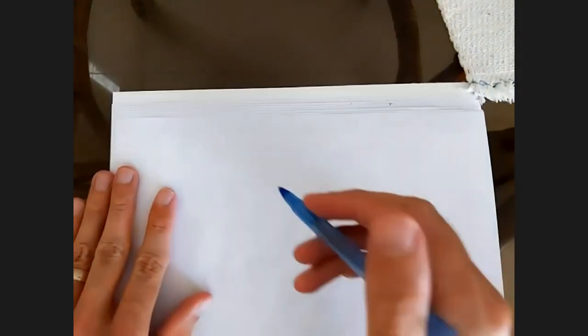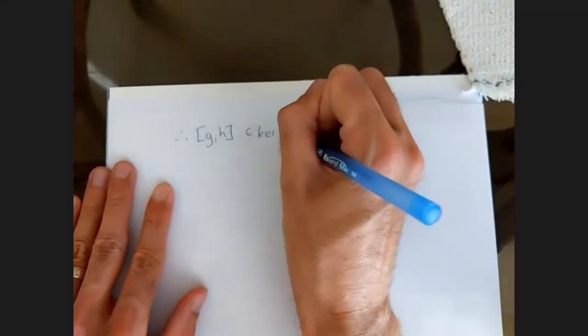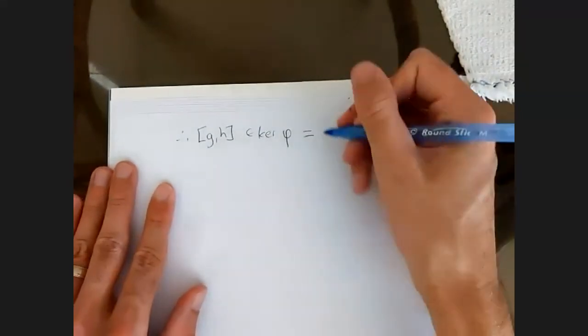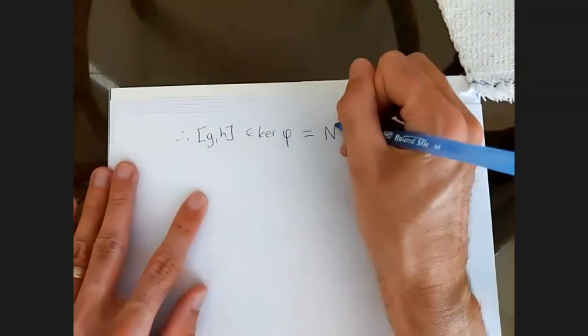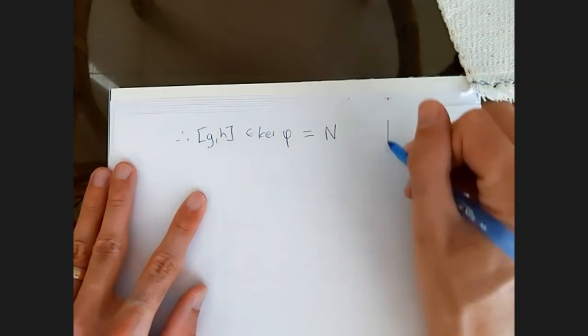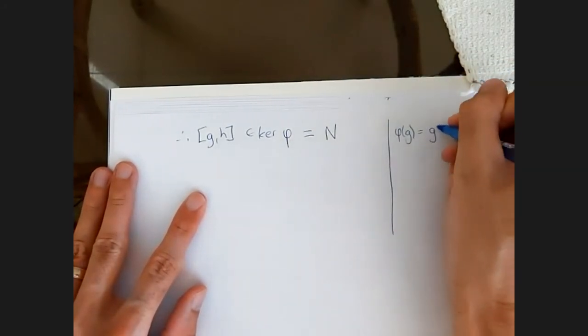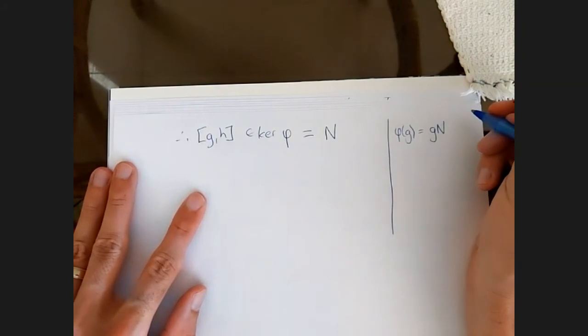So we're almost done, because the kernel of phi is the subgroup N. Remember that phi of G is just a coset of G, GN.